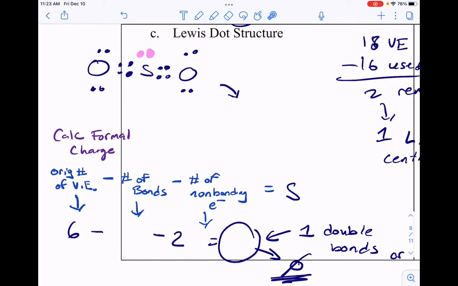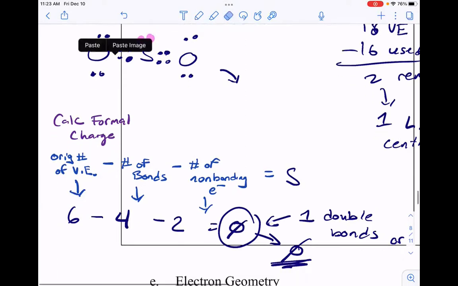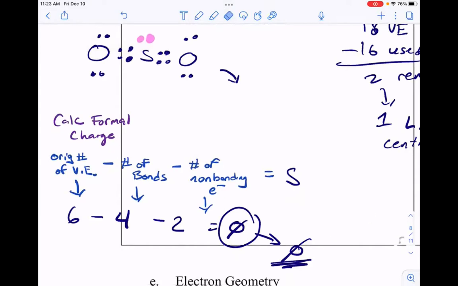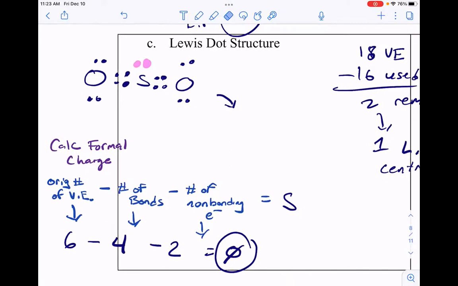So let's see here, original number of valence electrons is still 6 for sulfur. That will never change. The number of bonds will change. So we have 1, 2, 3, 4. So we have 4 bonds. And the number of non-bonding electrons is still the same. We didn't touch it. It's 2. Okay. So 6 minus 4 minus 2 is 0. So now notice how by creating 2 double bonds, our overall formal charge is 0.